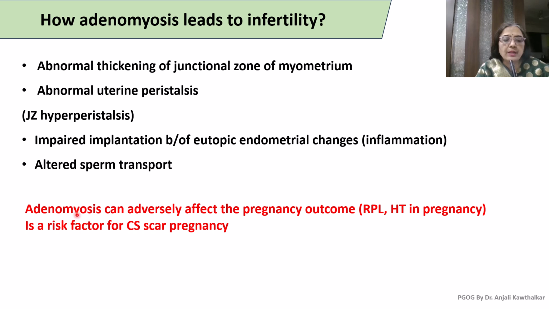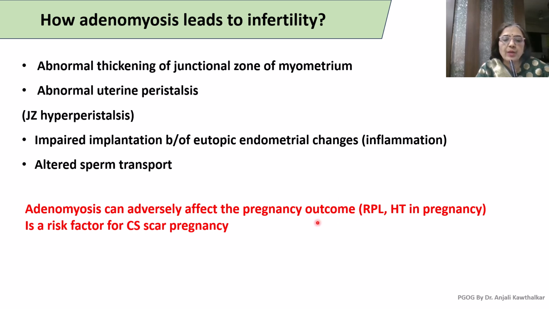Now, there is another interesting concept which is emerging recently, that adenomyosis can adversely affect the pregnancy outcome. It is associated with recurrent pregnancy loss. So it not only leads to infertility, even if the patient conceives, there is an increased risk of recurrent pregnancy loss whenever there is a presence of adenomyosis.